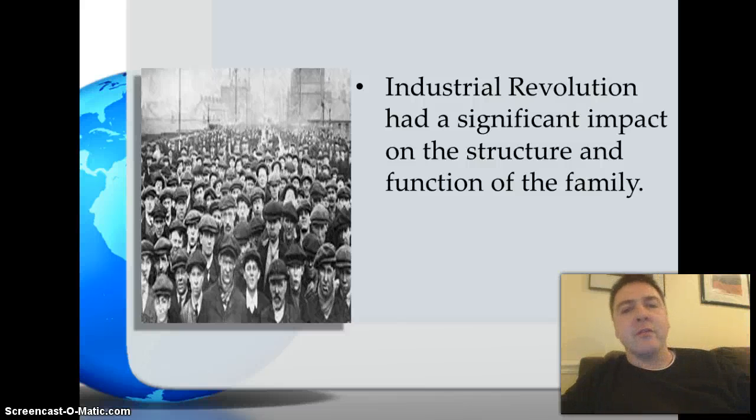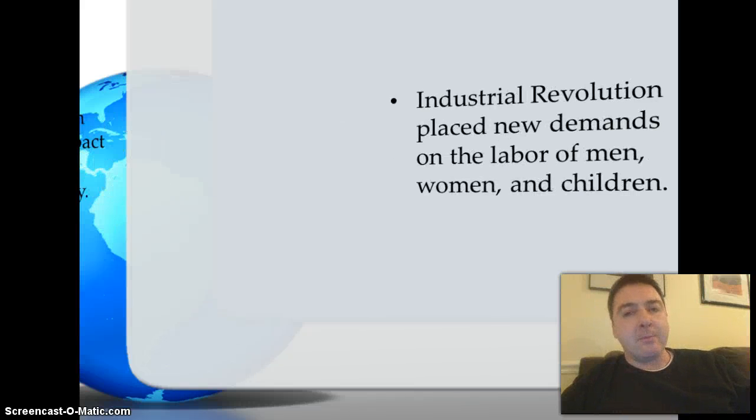The Industrial Revolution is going to change that. Part of the Industrial Revolution was moving people out of rural country areas, from the farms, into the urban city areas. So the Industrial Revolution is going to have a major impact on the structure and the function of the family.